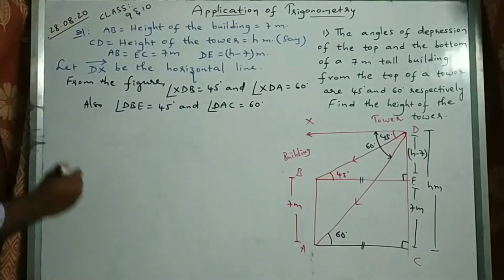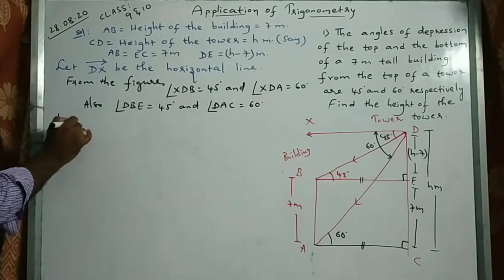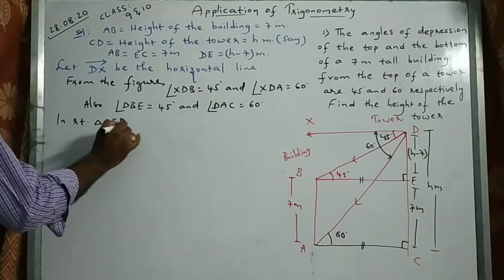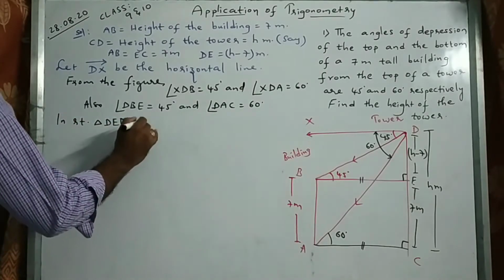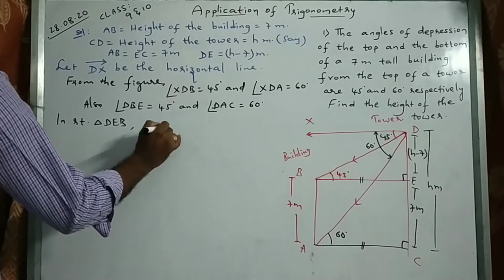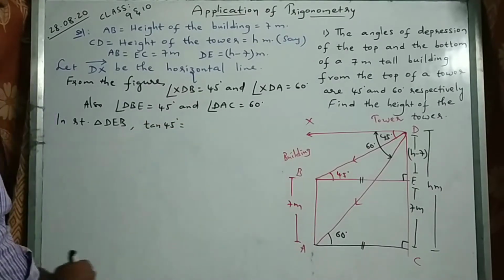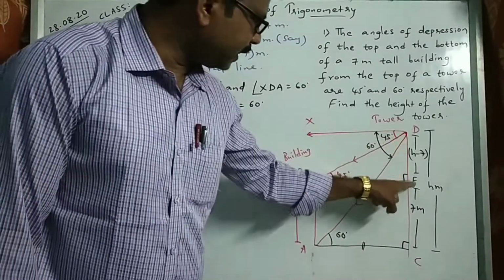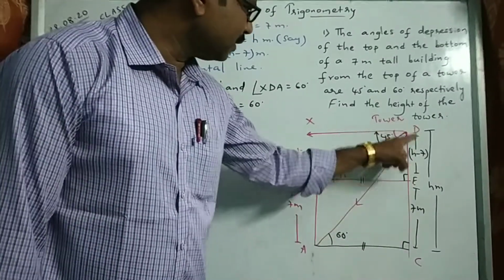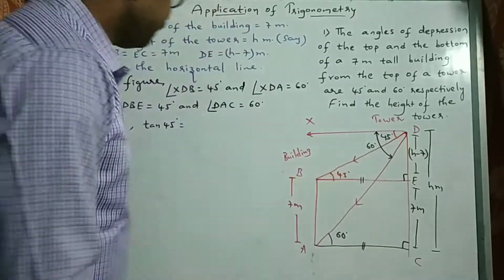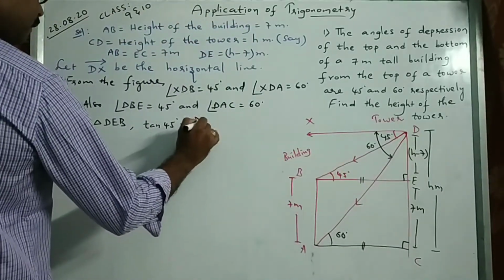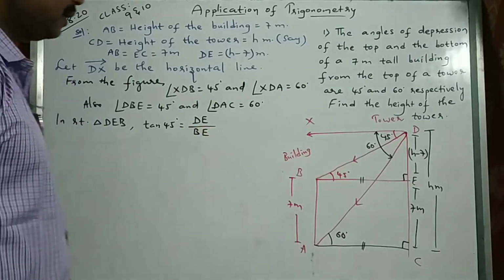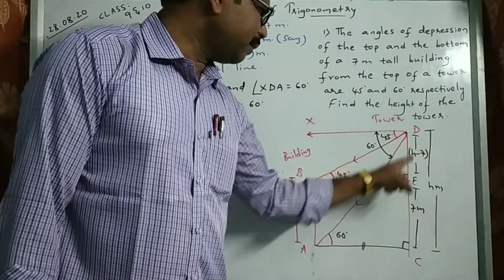Right? In right triangle DEB, take tan 45. What is tan 45? Opposite to 45 by adjacent, so DE by BE. For 45, what is the opposite side?